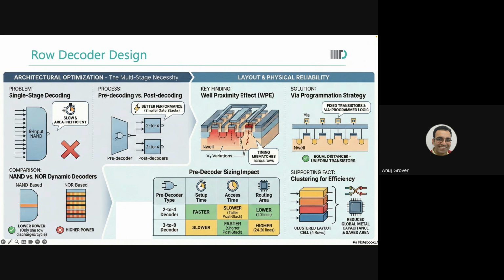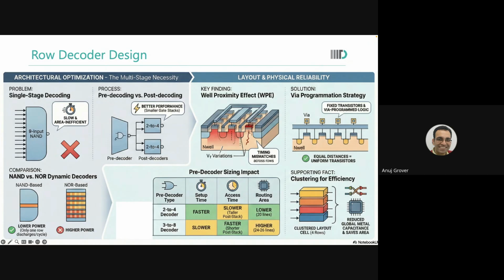And what I want to emphasize to you is that the similar philosophy continues in other cells also. Like in row decoders, we understand that the LSB will choose the final word line. For LSB, I need to have a full decoding logic there. But for the MSBs, they will be exactly the same for adjacent four rows or adjacent eight rows or whatever. So I can have that part of my decoding done only once.